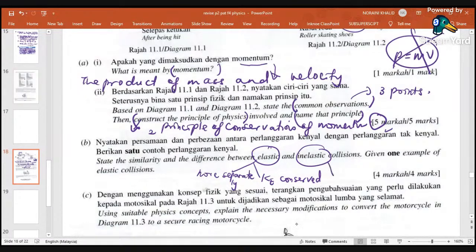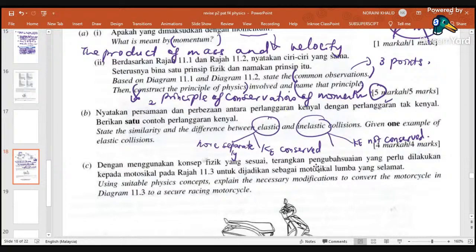For inelastic collision, objects combine and move with a common velocity, and kinetic energy is not conserved. There is energy loss. So that's the difference between elastic and inelastic. You can write the answer yourself.